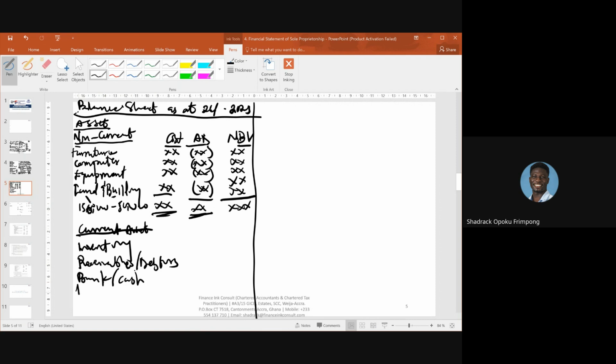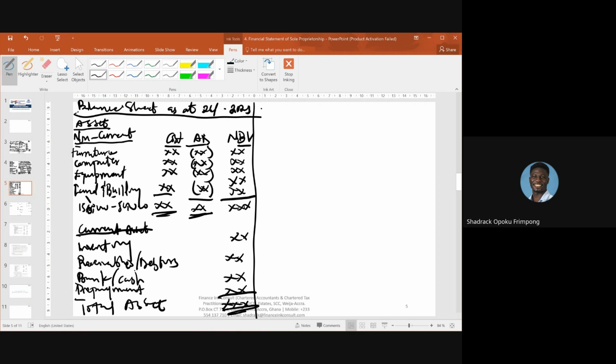Then I think there were some few prepayments. Okay, so we can just add them. Let's just add everything together. Okay, so this gives us what we call the total asset. So your total asset is made up of what? Your non-current asset plus what? Your current asset. That gives you total assets.